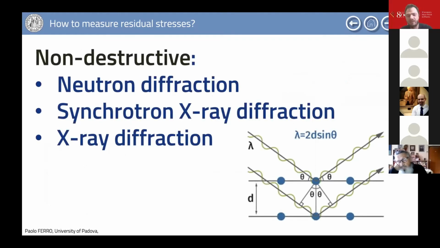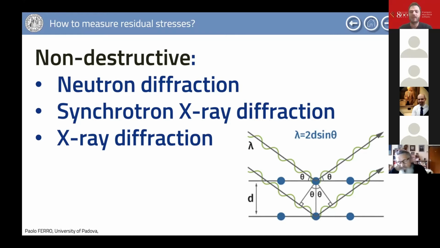Finally, we have the non-destructive techniques. All of them are based on the Bragg law, and all of them use a beam in order to calculate the spacing of a lattice, using, of course, the Bragg law. According to the energy of the beam, we have neutron diffraction, synchrotron X-ray diffraction, or simply X-ray diffraction.